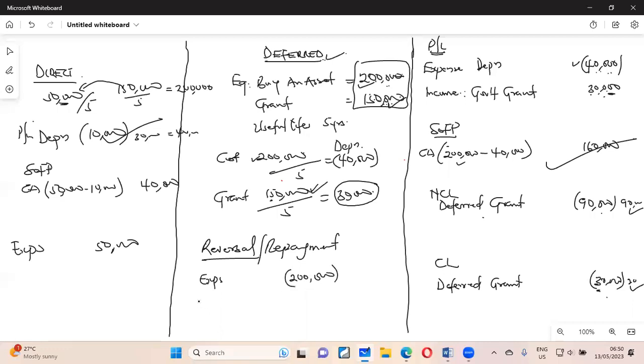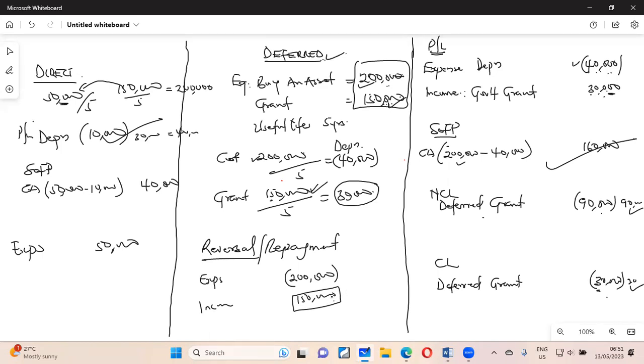Then you do other income of 50,000, 150,000. If the grant is no more existing, then what you are going to do is reverse this 50,000, 150,000. All right. So that is all that you are going to do. You reverse it by debiting this account, so that 150.